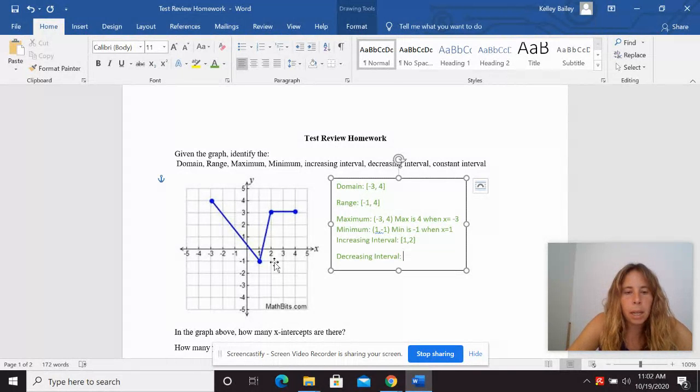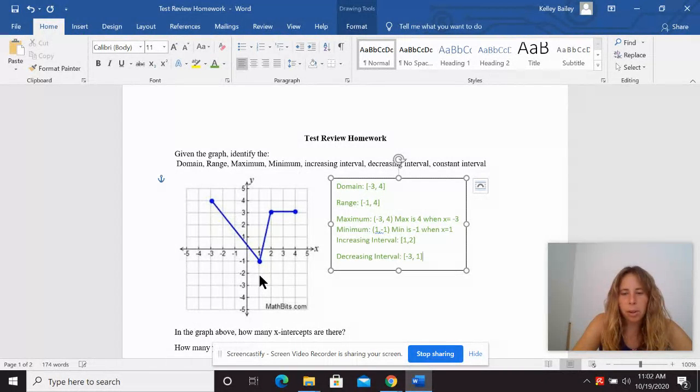Where are we decreasing? Well, I'm going to let you find it. Okay, we're decreasing here. And so we're looking at our x values. So from x equals -3 all the way to x equals 1.